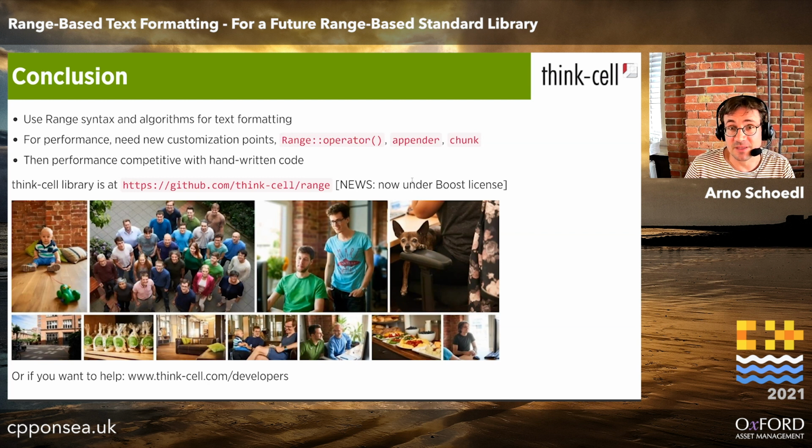We would need special appenders to construct containers, and this chunk trick to pre-allocate the memory. And then the performance of this range text formatting is really competitive with handwritten code, and I think it produces nice expressive code if you use it.